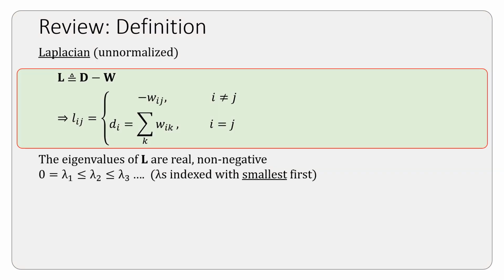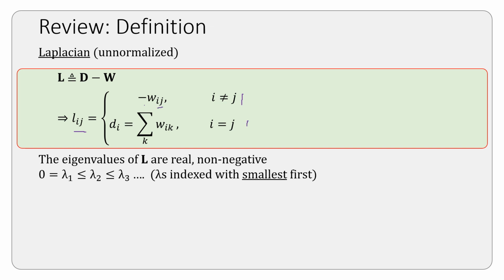So formally, this is the Laplacian of an undirected weighted graph. L equals D minus W. Its component in the ith row and jth column, Lij, when i is not equal to j, for the off-diagonal elements, is the negative of the weight between vertices i and j.